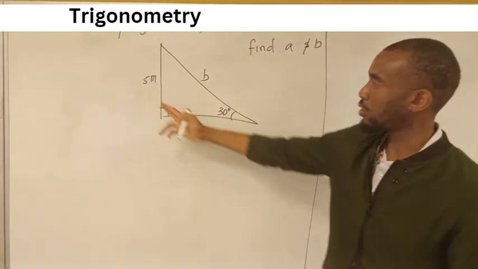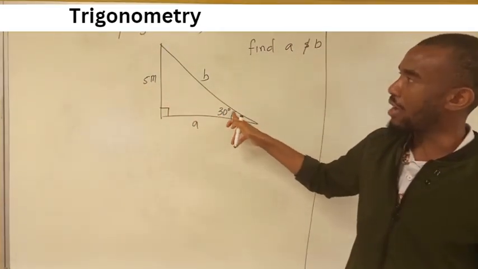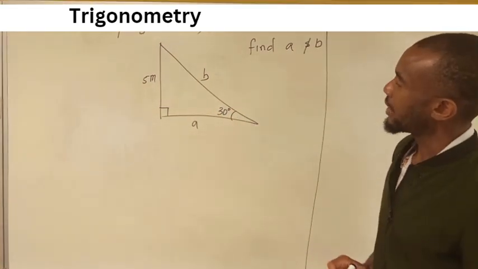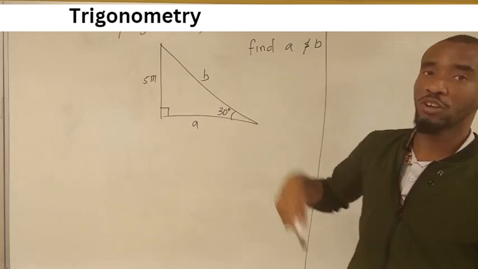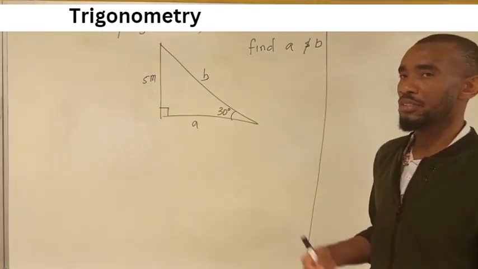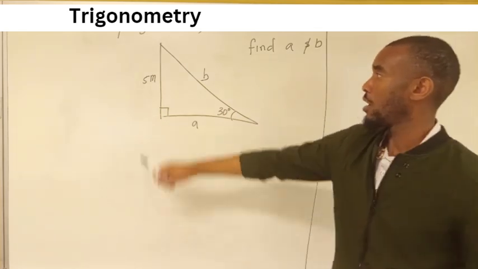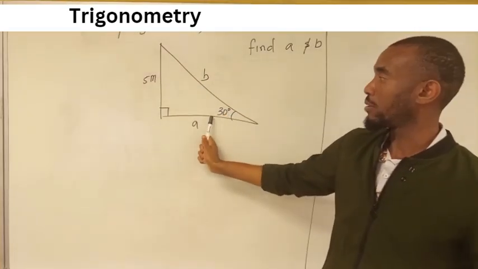But in this case, only one side is given, and then one of the angles of the triangle was also given. And because of that, this is where trigonometry comes in, because trigonometry explains better the relationship that sides of a triangle have with the angle, right?